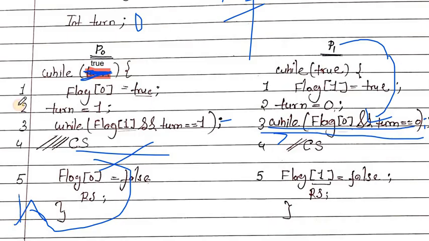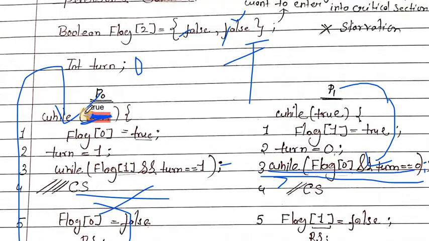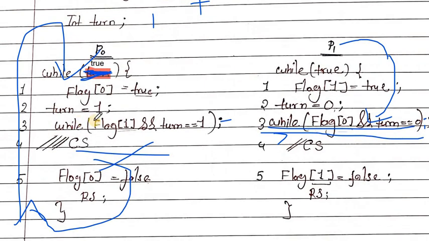Then P0 again tries to enter the critical section. So check: is P0 able to enter the critical section or not? For the condition, flag 0 true, make turn 1.